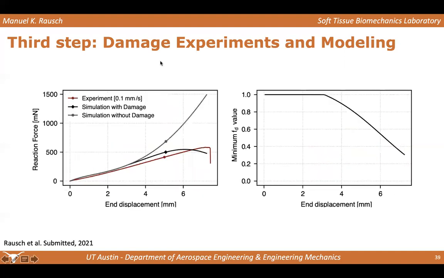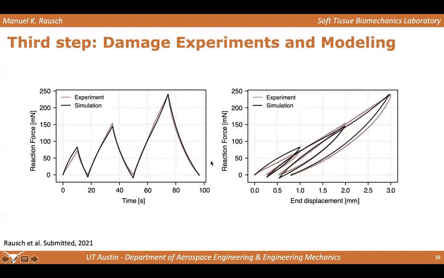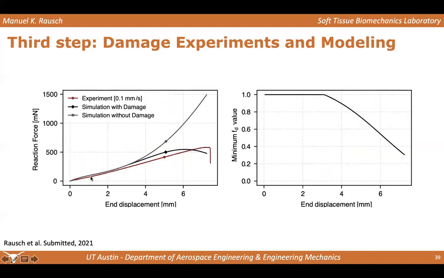So next, what we did was we kept those 8 parameters, and then we fit our model with damage to our uniaxial to failure data set. Okay, so this was the cyclic data set. This is the uniaxial to failure data set. So here you see the experiments. We load it, and then it just fails around here. If we use our viscoelastic parameter set without damage, we get this gray curve.